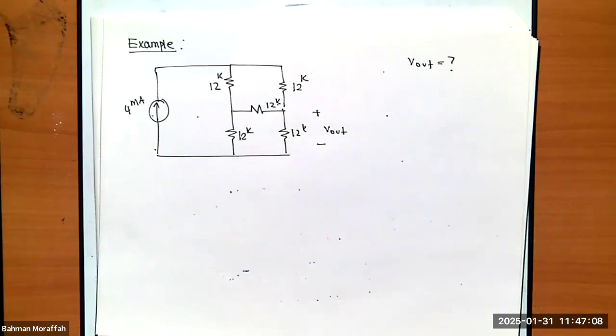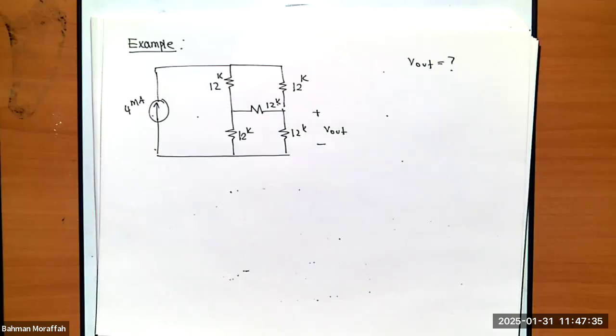The first thing we see is that there is a delta on the top, right? The second thing we observe is that there's a delta on the bottom, right? Which one should I choose, the one on the top or the bottom? Which one do you think I should use Delta-Wye transformation for?